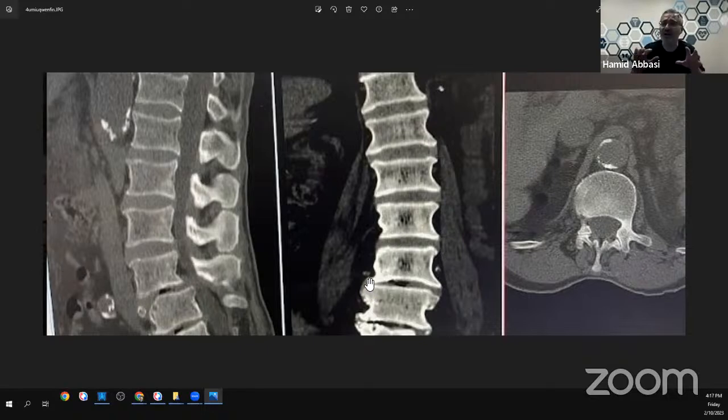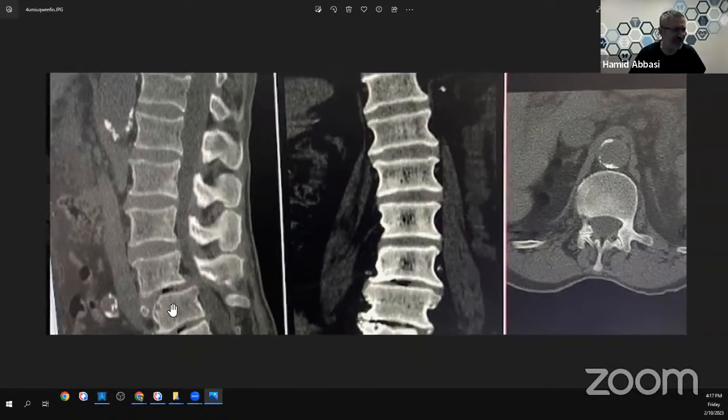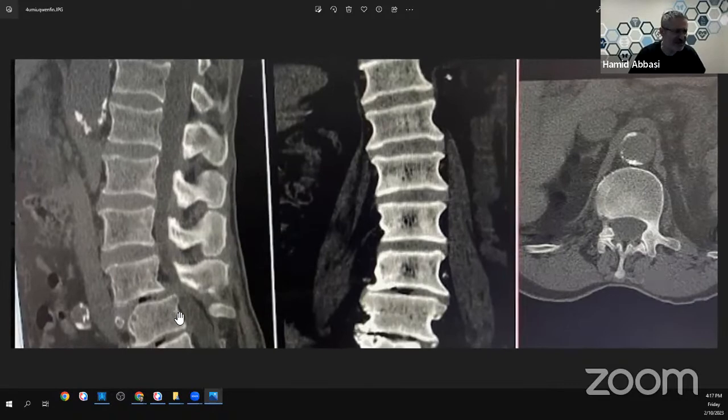Your body wants to wall off the infection, but I don't see anything of that. I think we are very safe here to say this is a degenerative kind of air or nitrogen or gas accumulation inside of the disc. We have a specific name for that. Michael, do you know what we call it?